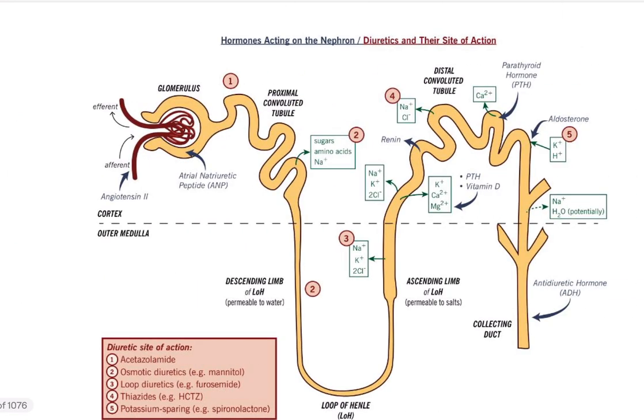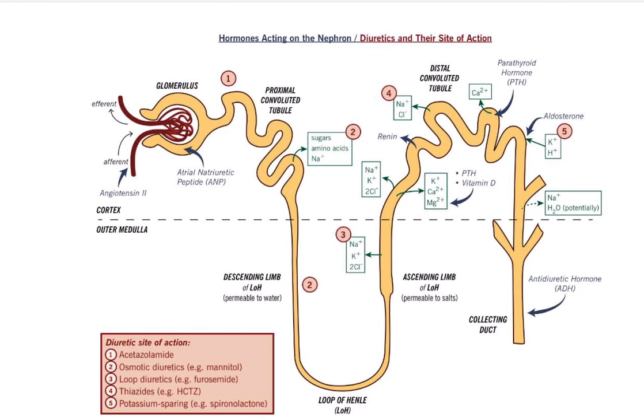Now see a picture of the nephron, showing the details regarding the diuretics. Here is the proximal convoluted tubule, and in the proximal convoluted tubule there is acetazolamide.